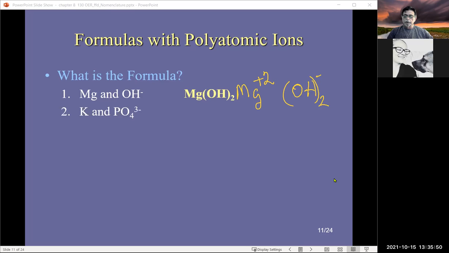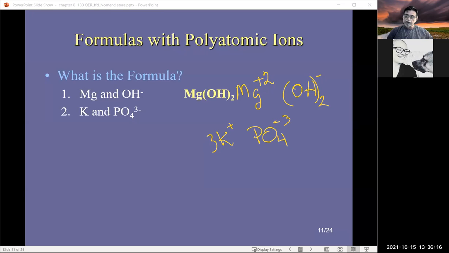All right. We've got the next one. We have the phosphate, PO4 with a 3- charge. And here, what do we know about potassium? It's in group 1. It's going to have a +1 charge. So we're going to need 3 potassium ions to balance the -3 of the phosphate.